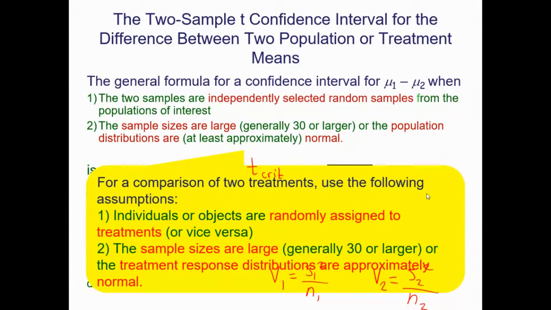They need to be randomly assigned to treatments, or vice versa, treatments need to be randomly assigned to them, and the samples need to be either large or approximately normal. Okay, so let's look at an example.